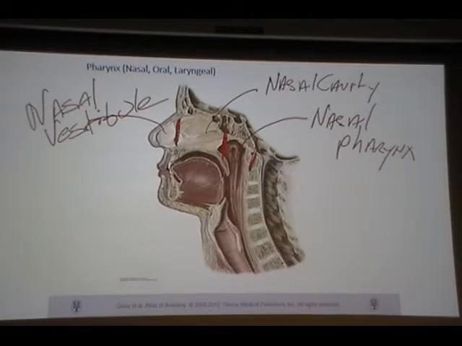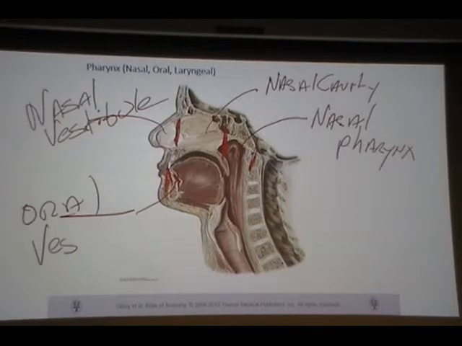All right, so down here, out in front of the tongue, this is the oral vestibule. This is the oral cavity.